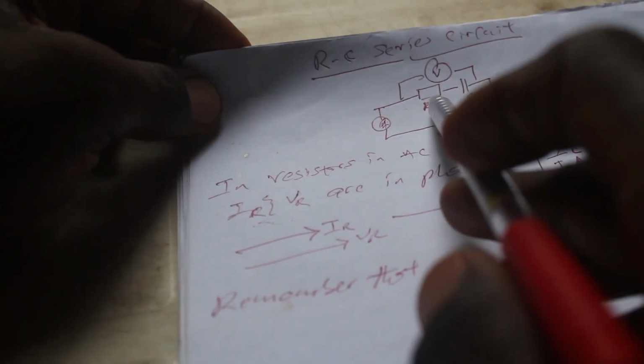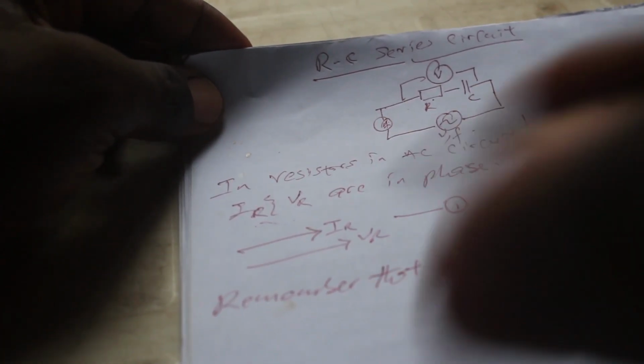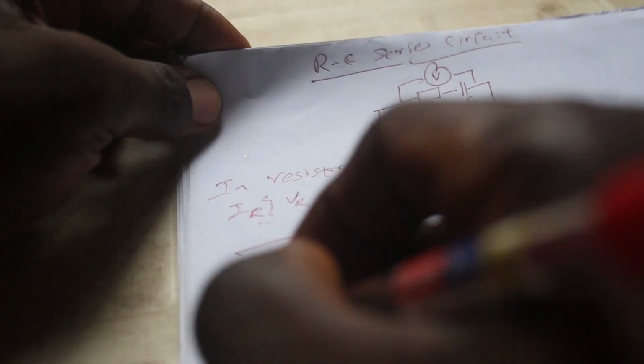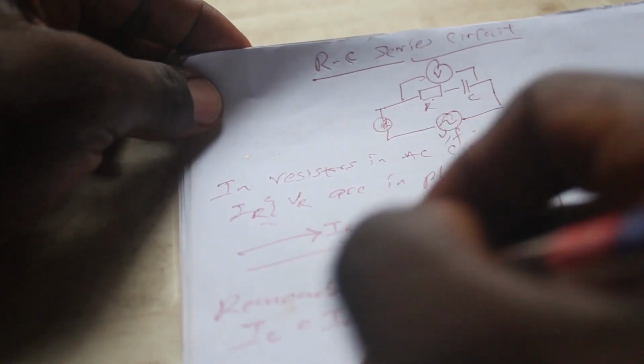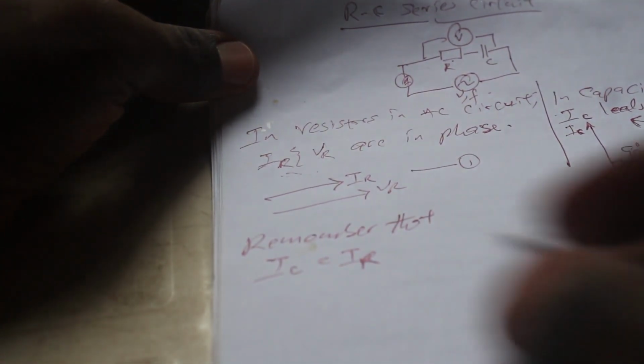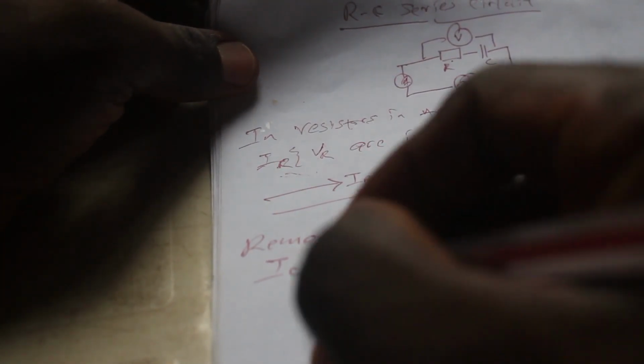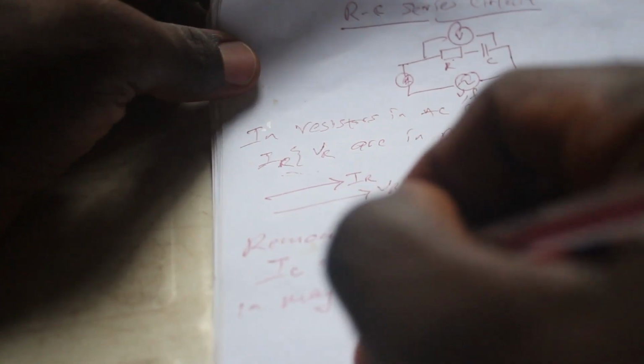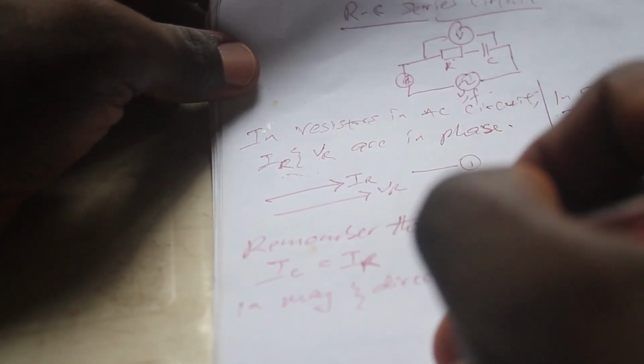So if the current in R is the same as the current in C, then we say IC is equal to IR, both in magnitude and direction.